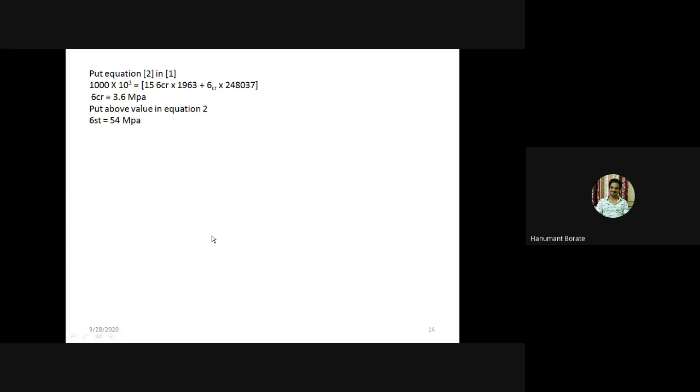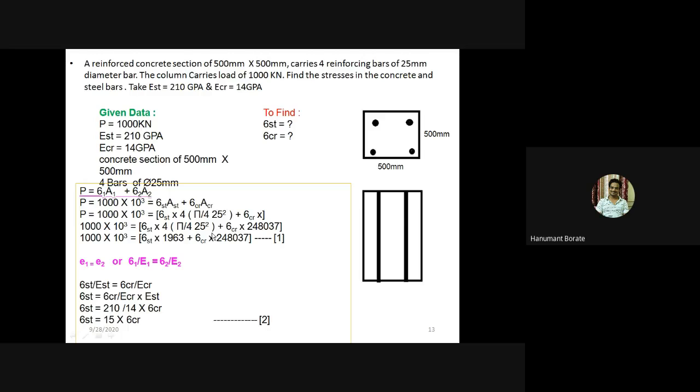Now to find the stresses in both members, the system is a composite parallel. First, whatever the load, that load is distributed in 2 members. So we can say P equals P1 plus P2. That is the first equation.